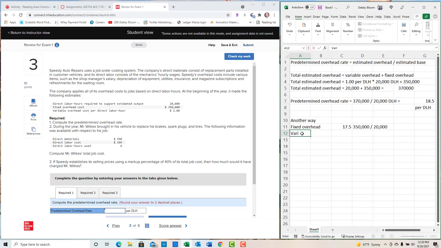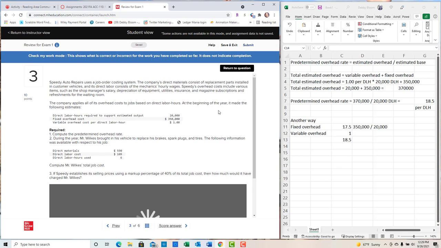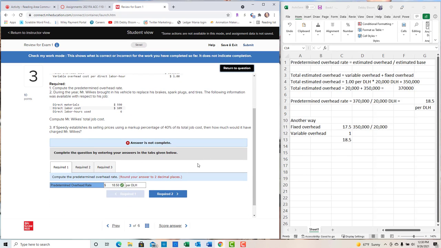The variable overhead is $1. So adding the two together, notice I get the same $18.50. So our predetermined overhead rate in part 1, $18.50 per direct labor hour. Notice I read the instructions. Right, round your answer to 2 decimal places.